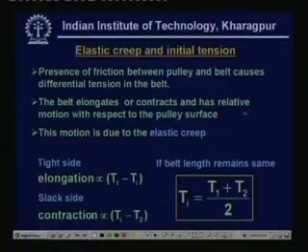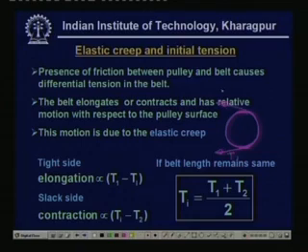Then if we try to understand what is happening, if you just look into this one, suppose we are having some tension side. Okay. So, this is a T1 side and this is a T2.